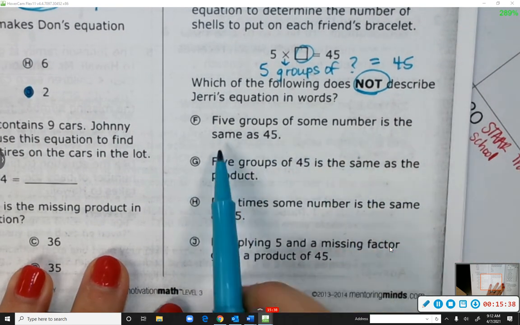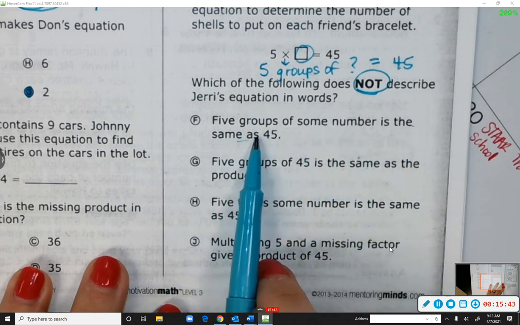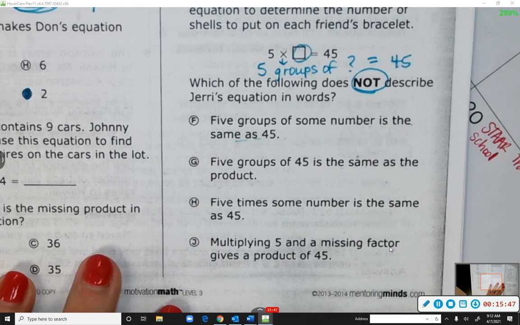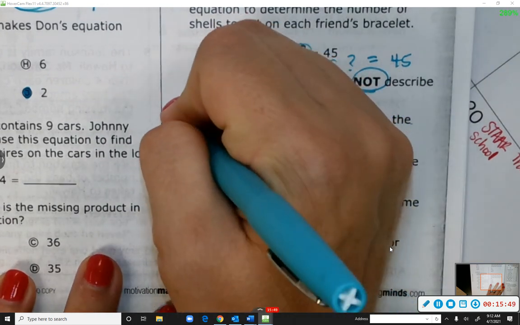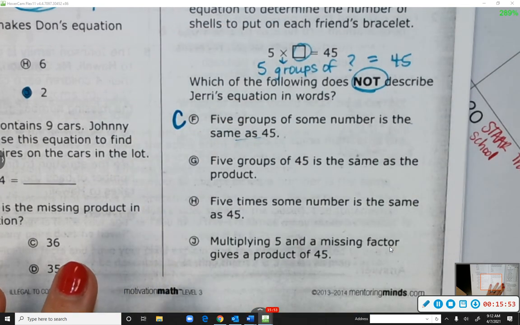So F, 5 groups of some number is the same as 45. Is that one correct? It is correct, okay? But we want the one that's not correct. Okay?